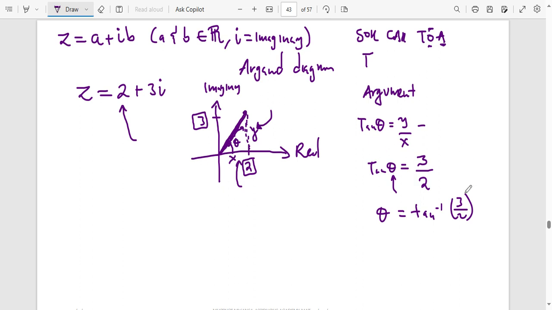If you take tan the other side, it becomes tan inverse, 3 over 2. Okay. If you punch this on a calculator, you're going to find the angle. Is that okay? So this is actually going to be 56.3 degrees. So that's the angle there.